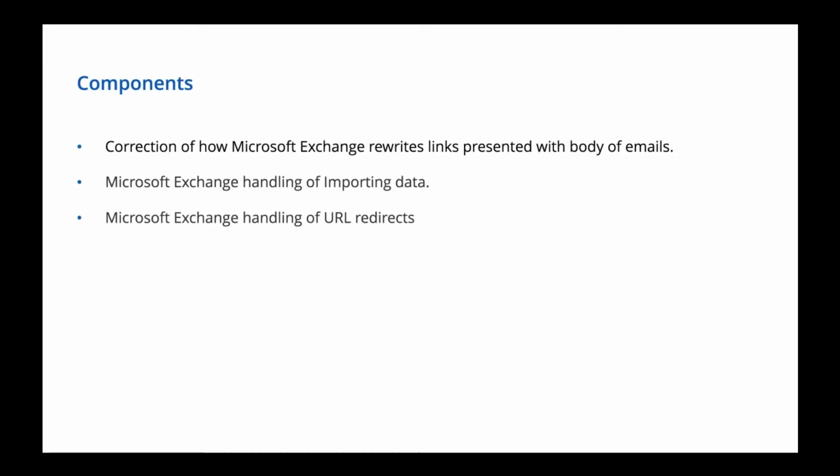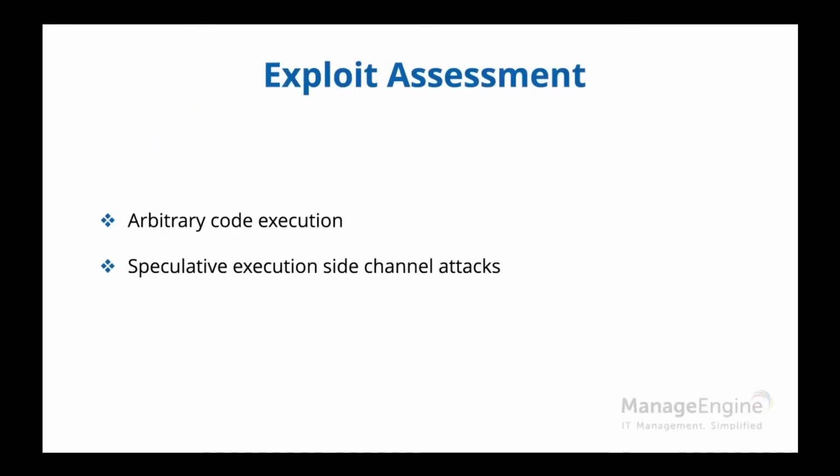Correction of how Microsoft Exchange rewrites links presented with the body of emails, Microsoft Exchange handling of importing data, and Microsoft Exchange handling of URL redirects are some of the components of the exploits. The exploit assessment: arbitrary code execution and speculative execution side channel attacks.